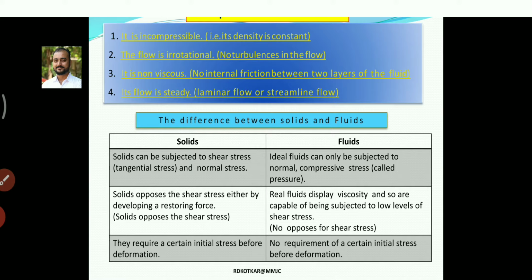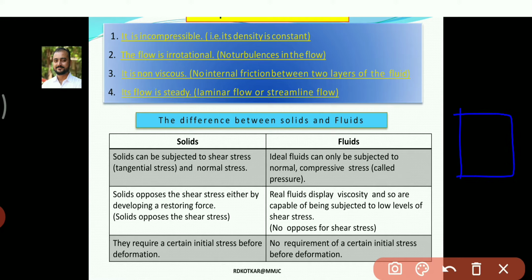Means while applying the force on the external layer, the uppermost layer, the solid will not change its shape directly or automatically. It will take a certain time, or a certain internal opposition. It opposes the change of shape. So in this manner solid opposes the shear stress.